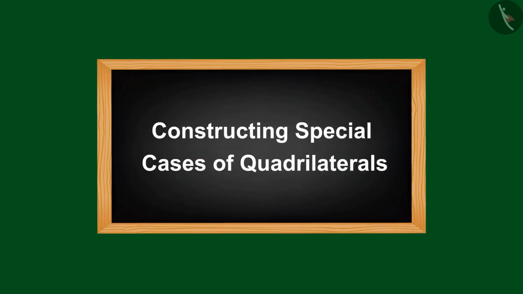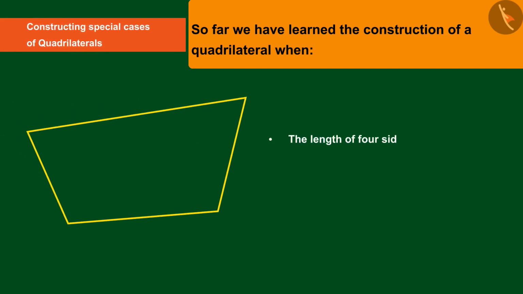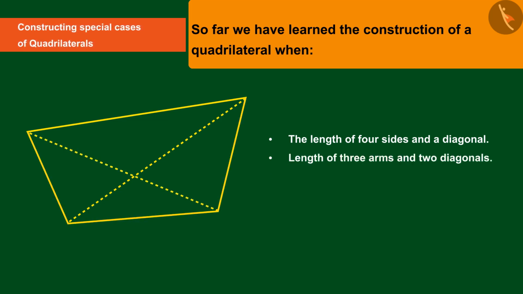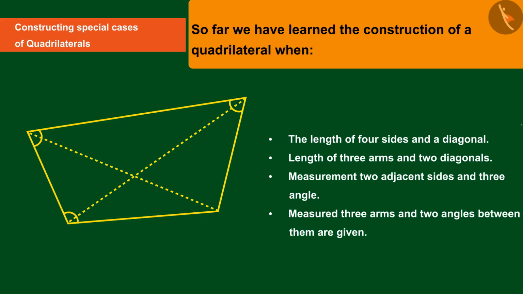Today in this video, we will learn how to construct a quadrilateral in certain situations. So far, we have learned the construction of a quadrilateral when the length of 4 sides and a diagonal, length of 3 sides and 2 diagonals, measurement of 2 adjacent sides and 3 angles, and measurement of 3 sides and 2 angles between them are given.